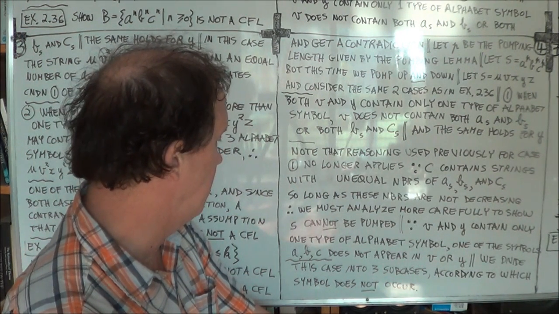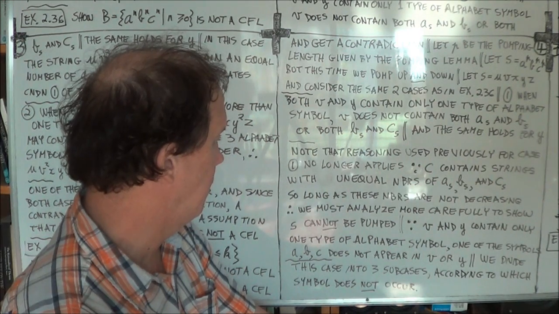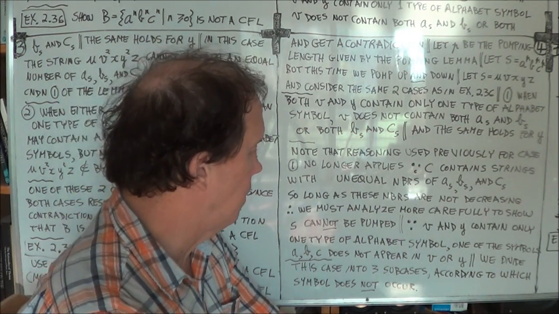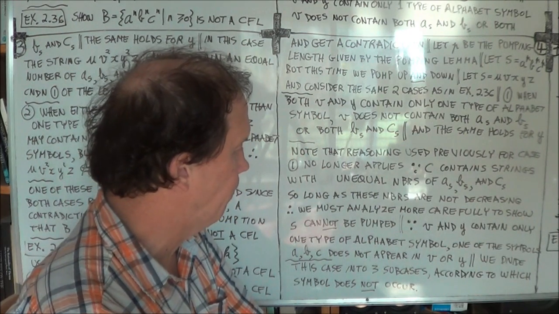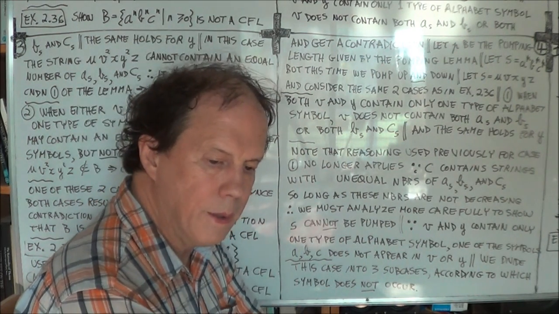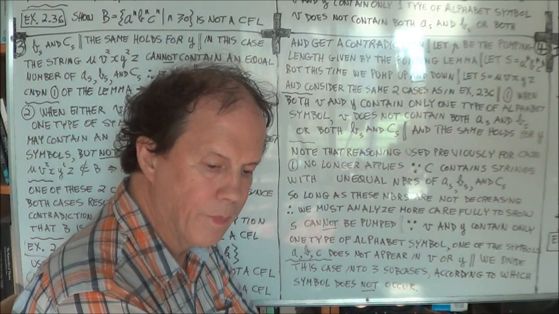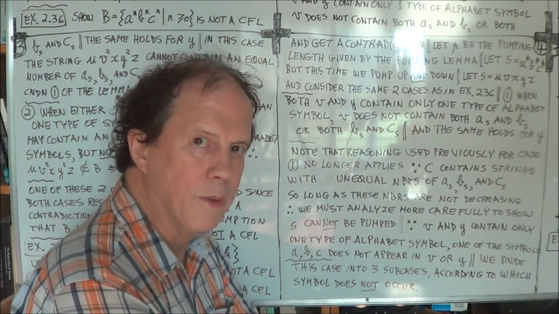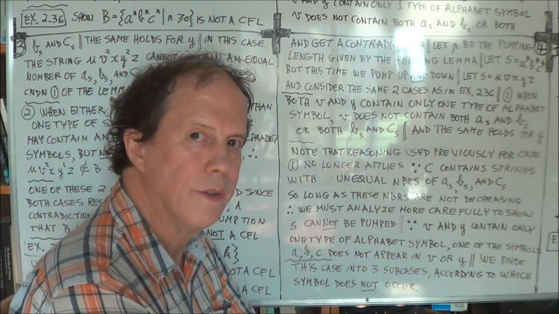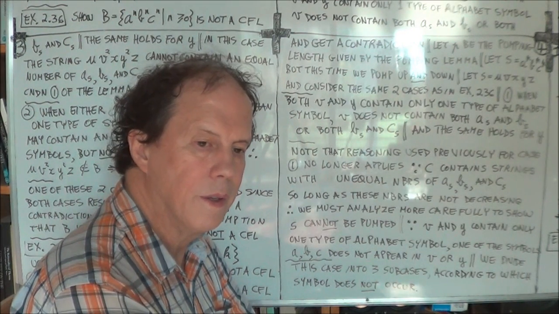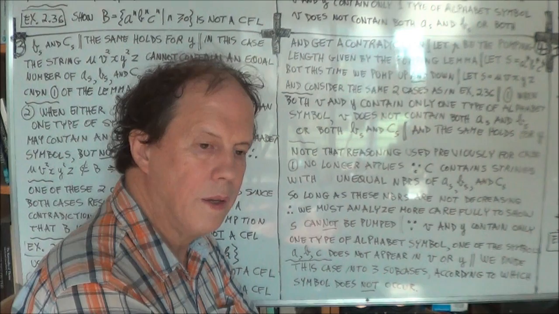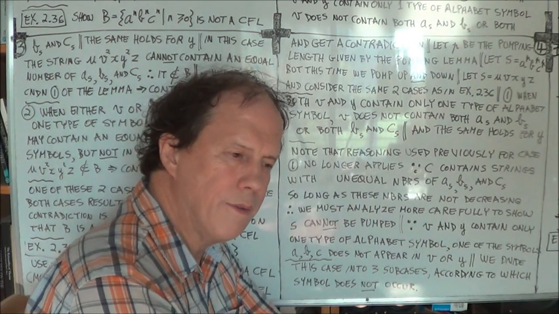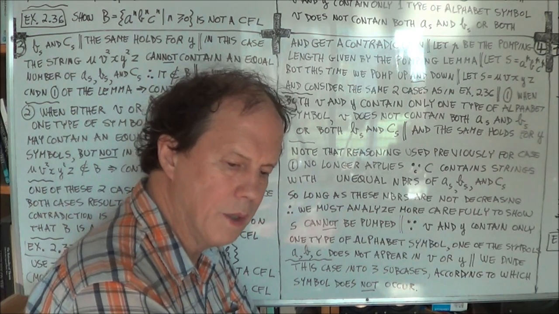Okay, so let's assume then that V consists of only one type of letter. So it's a string of A's. Remember the form of the language?